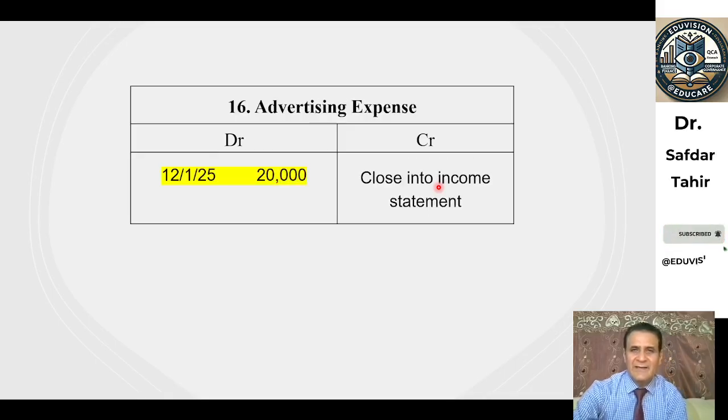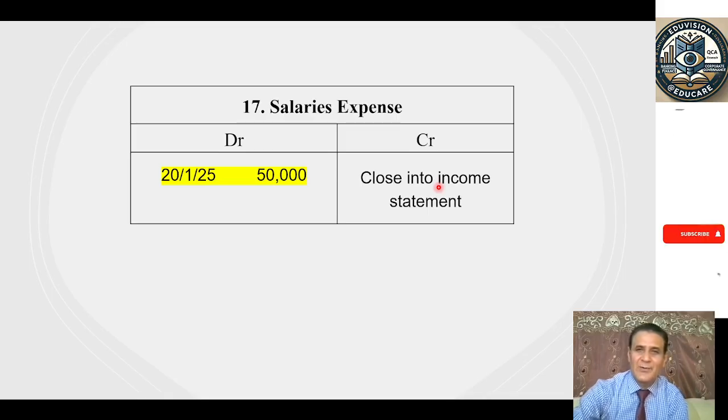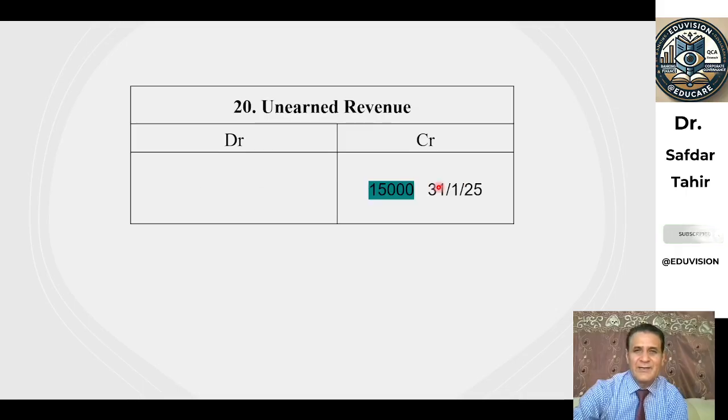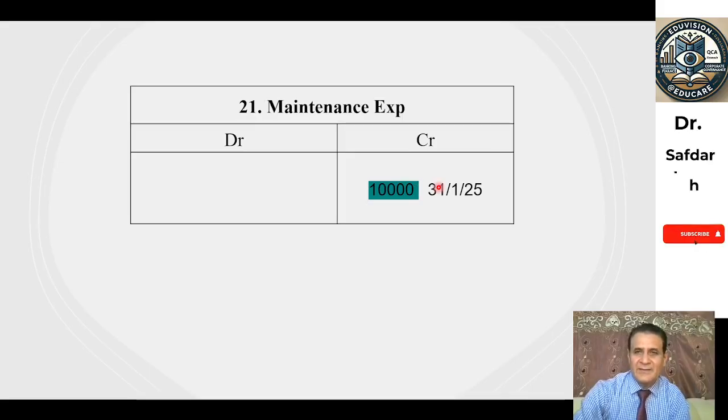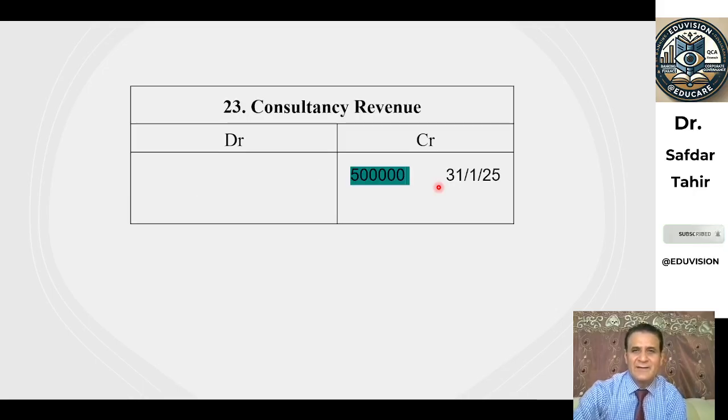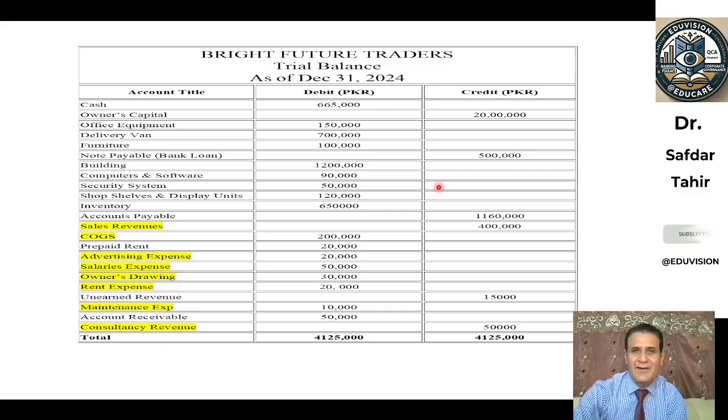Again, advertisement expense is closed into income statement, and salaries expense is closed into income statement, rent expense closed into owner equity, and unearned revenue generates a new account on 31st December 2024. Again, the maintenance expense is 10,000, and again the account receivables and consultancy revenue accounts are generated.